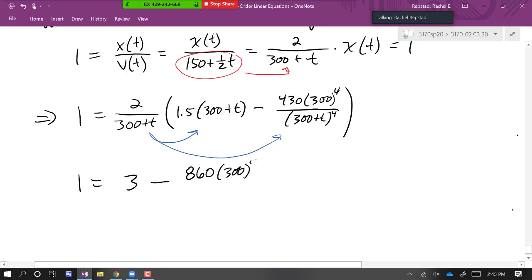Times 300 to the 4th over, and then we're going to increase that power on the bottom by 1 because it's the same base, 300 plus t. Like so. We can subtract 3 from both sides.